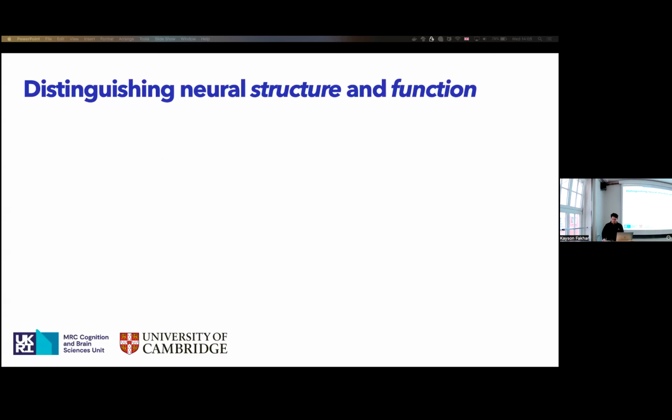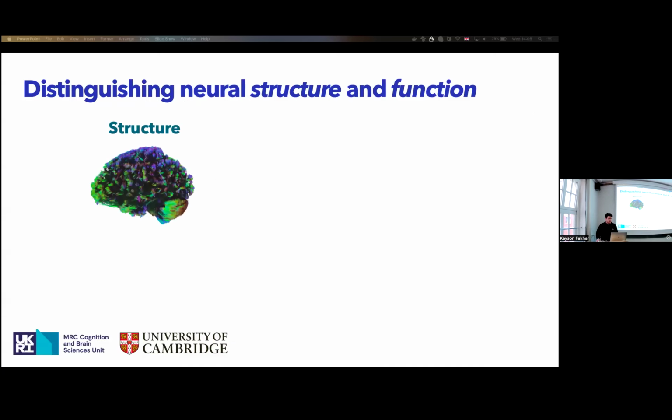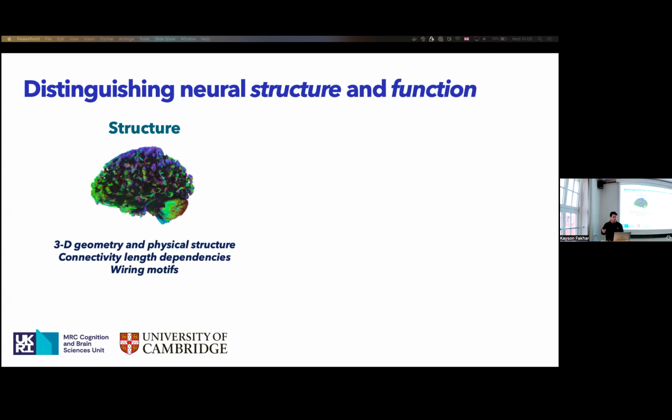When a lot of us think about this distinction between structure and function, at least for me, when I think of structure, I think of what is clearly observable through our experimental protocols, perhaps through our neuroimaging devices, things that are very clear structural or microstructural properties. In the network neuroscience world, we might think of, at least from the macroscopic level, a kind of 3D geometry, but of course that holds directly down to the microscale structure.